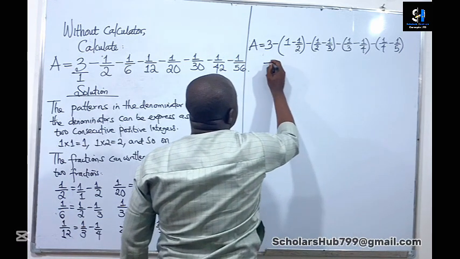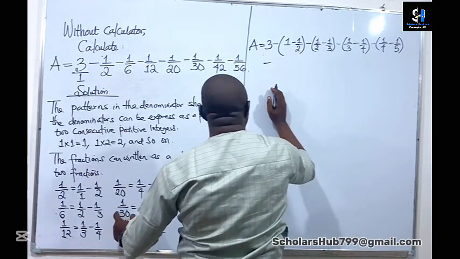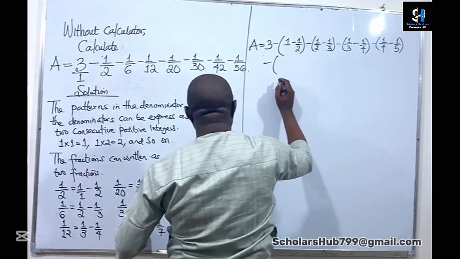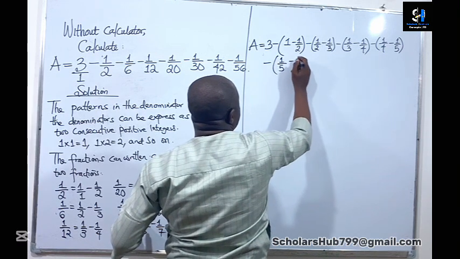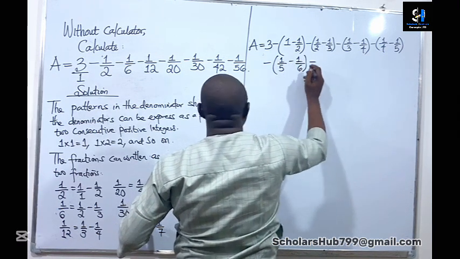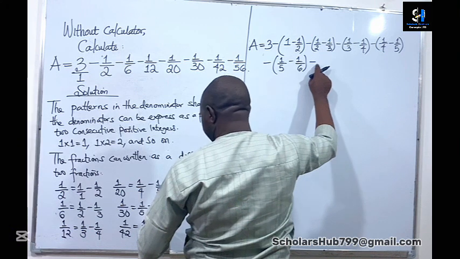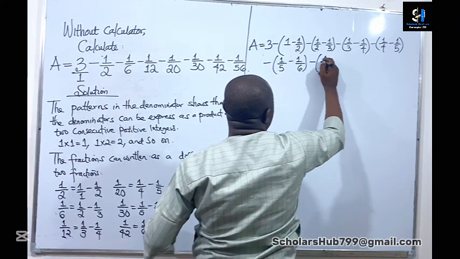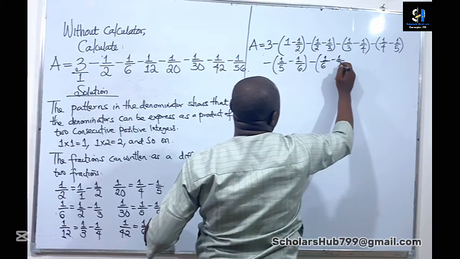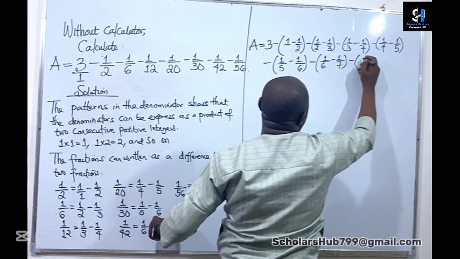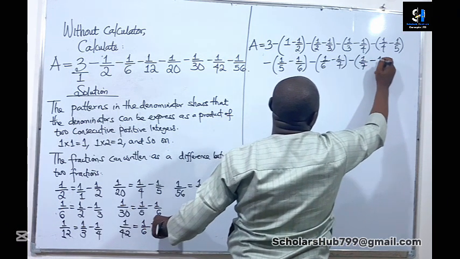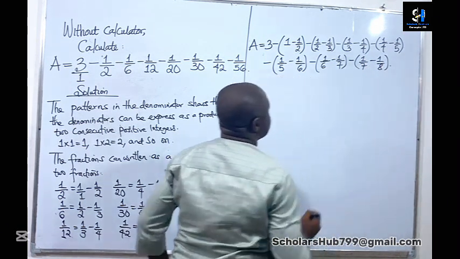Then I continue again from here. So we have minus parentheses 1 over 5 minus 1 over 6, minus parentheses 1 over 6 minus 1 over 7, then minus parentheses 1 over 7 minus 1 over 8.